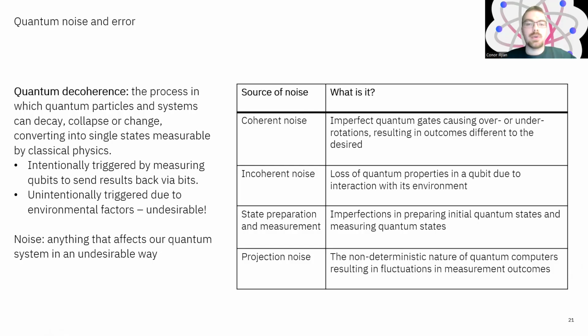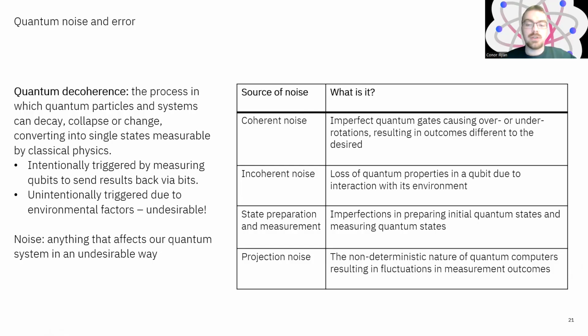You also have errors such as state preparation and measurement. If you wish to prepare a quantum state, typically at the beginning of a computation would be the all-zero state. You can do that with a high accuracy, but it might not be a perfect accuracy. Similarly, for measurements, you would still have some measurement noise where you can get a perfect measurement with some probability p, but there will always be probability 1 minus p that instead of measuring 0, you might measure a 1 instead, and vice versa.